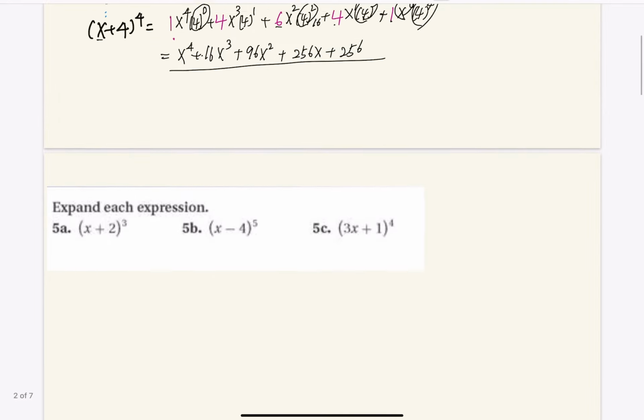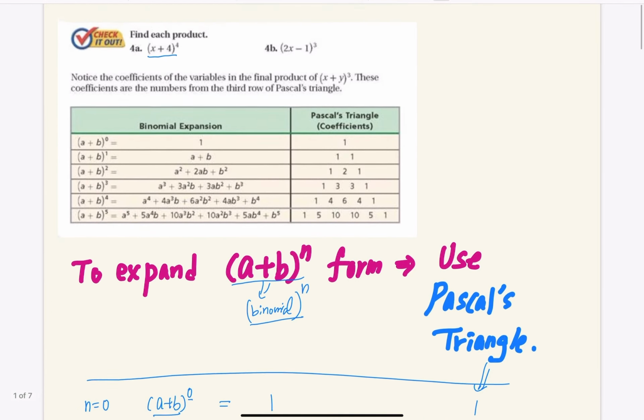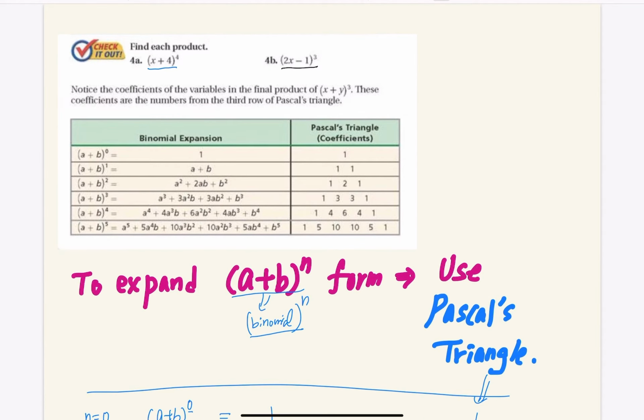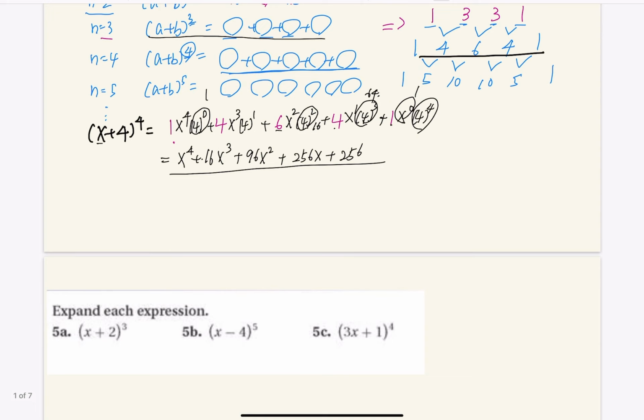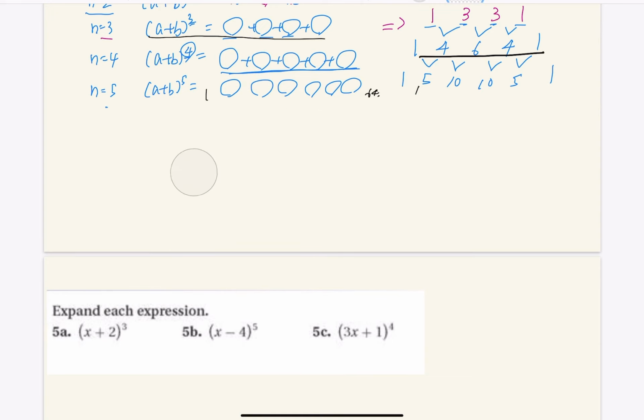And then we're going to try (2x - 1) to the 3rd power. If there is a negative, you better take this as (2x + (-1)) to the 3rd power.